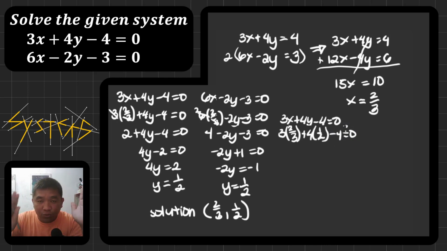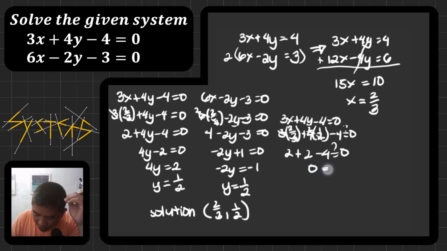And even if it's too obvious to simply continue, the goal is to make sure that both sides will be the same. So this is actually 1, this is 2. So you have 2 plus 2 times 1, 2, minus 4, question mark 0. Of course, 0 is equal to 0. That's very obvious.